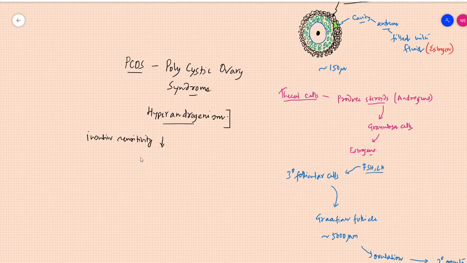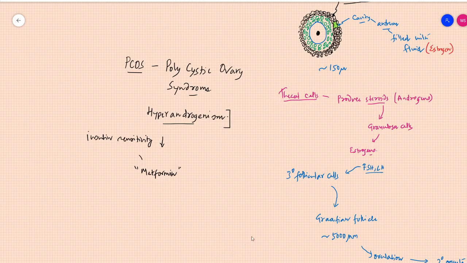So usually drugs like metformin are administered in this disease. Okay, but then the management of polycystic ovary syndrome hopefully we'll take up in another lecture. But this is just for your understanding that there is a clinical pathology associated with thecal cells.